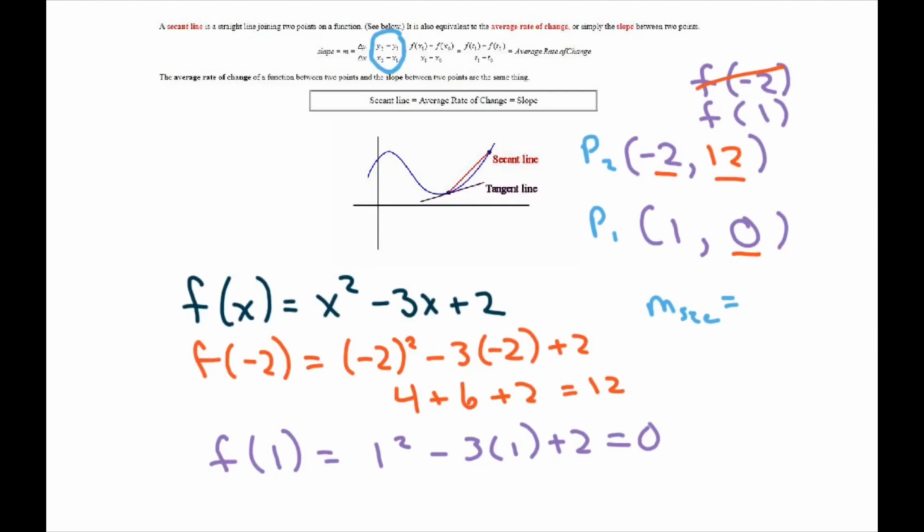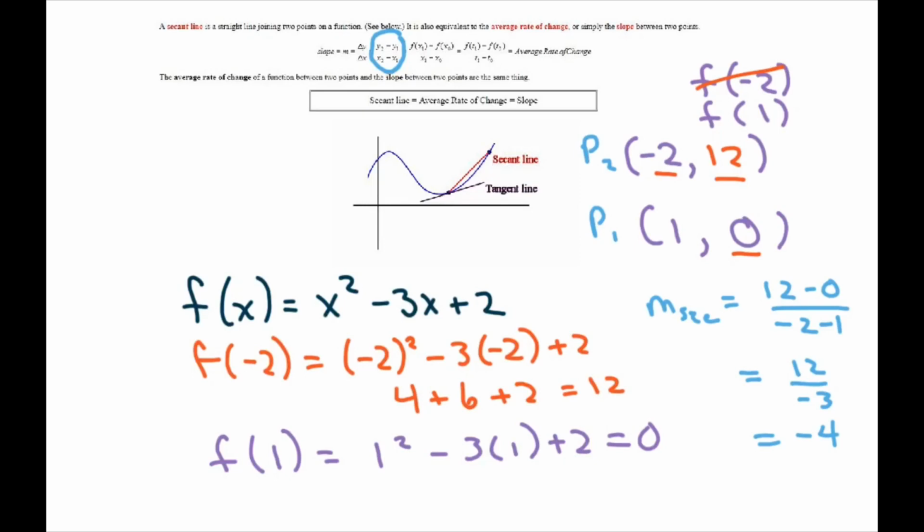We're going to get 12 minus 0 divided by -2 minus 1, which equals 12 divided by -3, which equals -4. So that's your slope. That's your average rate of change.